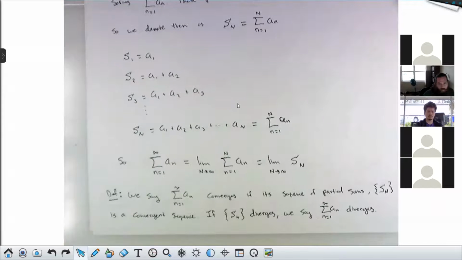It's all about the partial sums. And you can see how there's room to get confused between convergent series and convergent sequences, because the convergence of a series, this is a series, depends on whether its sequence of partial sums is a convergent sequence.